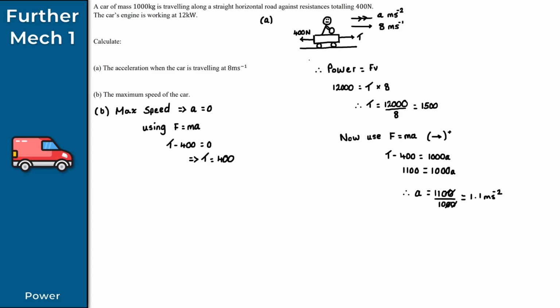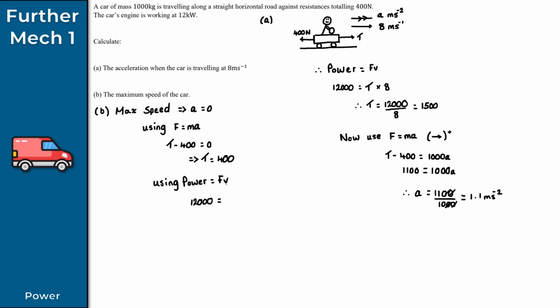And again, if we just use power is equal to FV here. Then in that case, again, the power here won't change. That's just 12 kilowatts. So 12,000 is equal to FV. So F here is 400. V is just V, right? We don't know what that is.